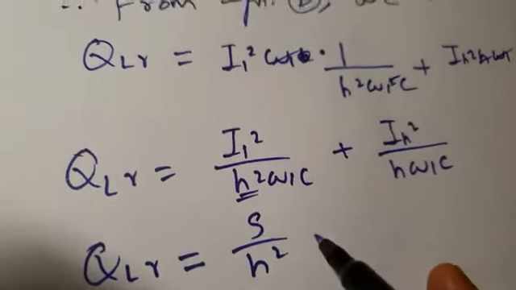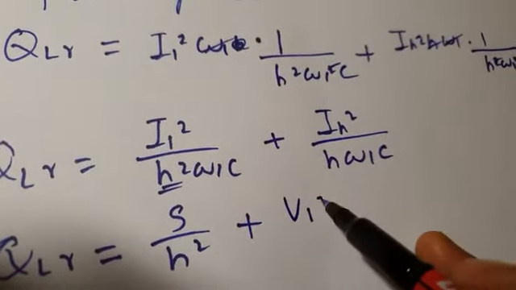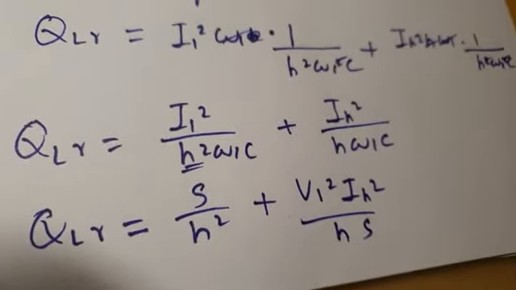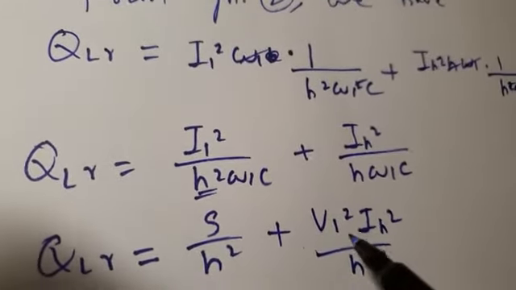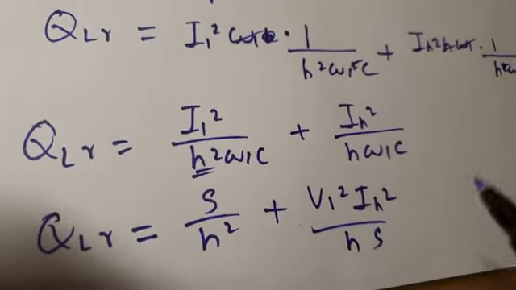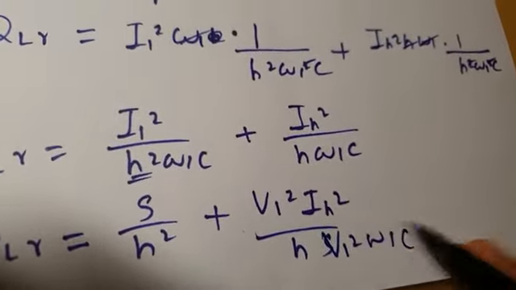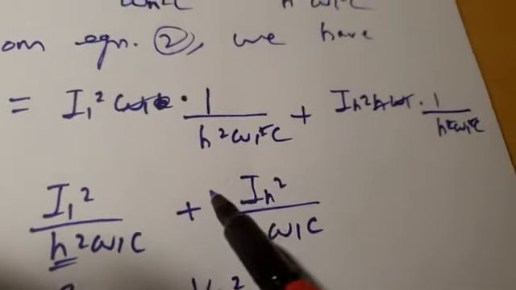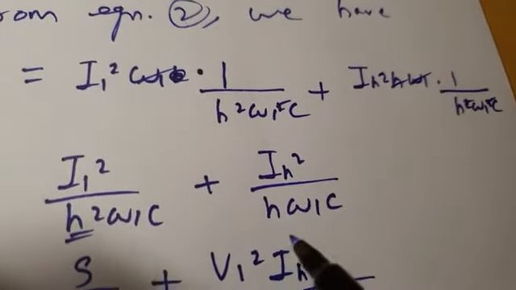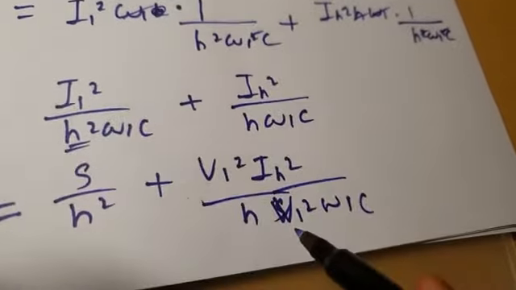Plus, I will write here V1 square IH square by hS. So what I have done is multiplied and divided by V1 square. It was IH square by h omega 1 C. So I am multiplying by V1 square in the numerator and dividing by V1 square.